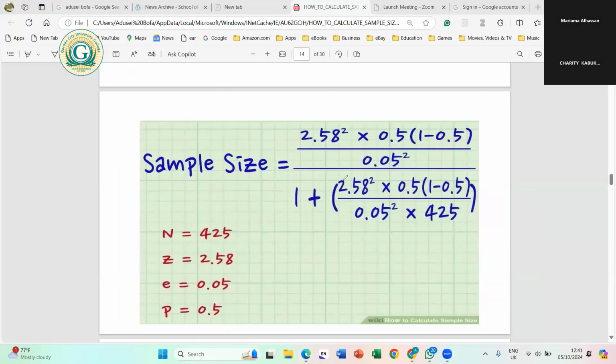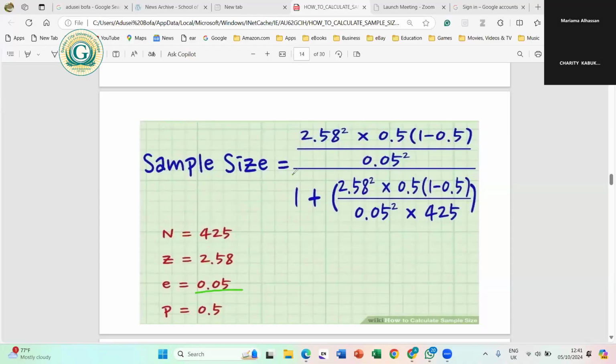Okay? Now, the next one is the error. Because if you look at the formula, all these things are coming from the formula. Here too, the formula is E squared, and then E stands for the margin of error. What is the margin of error? 0.05. Okay?